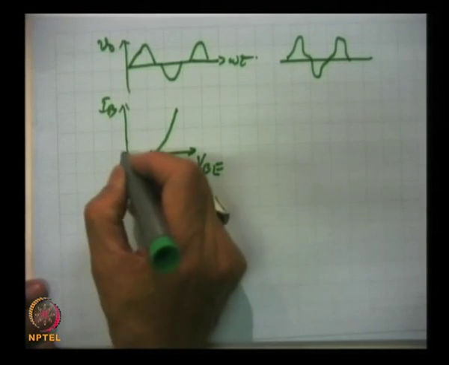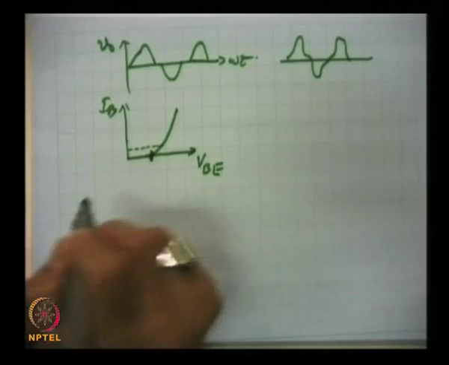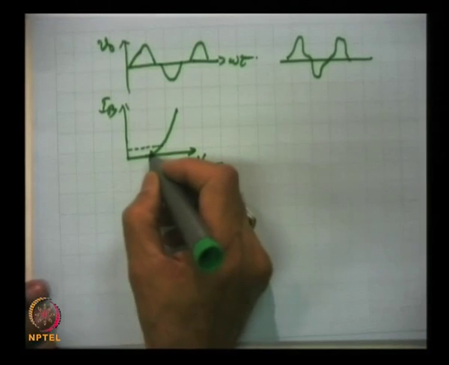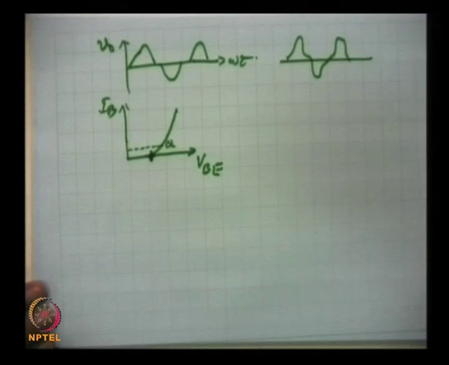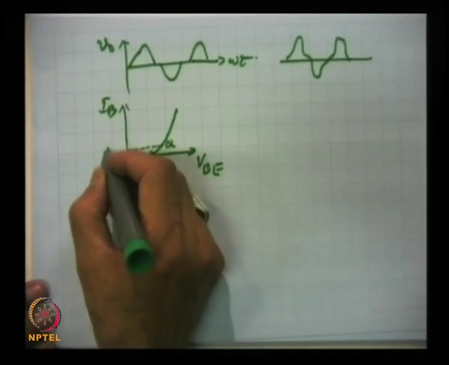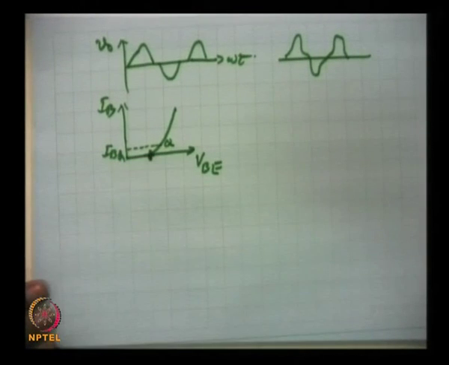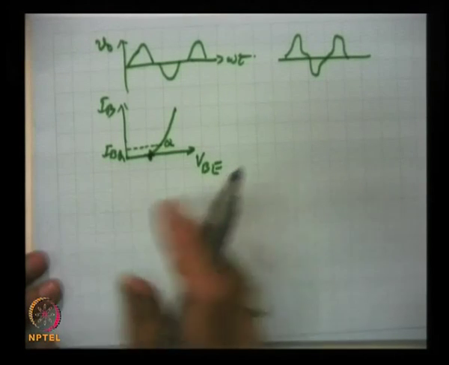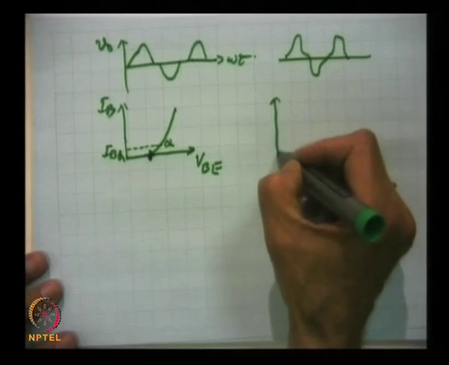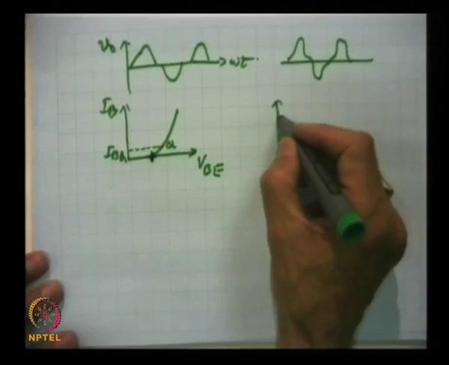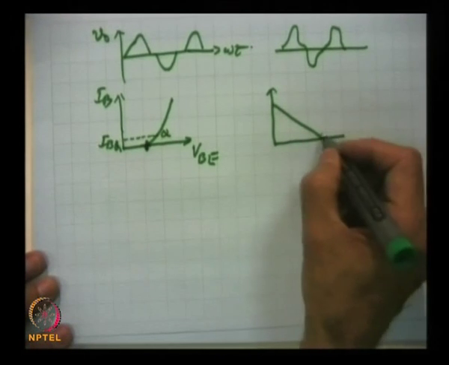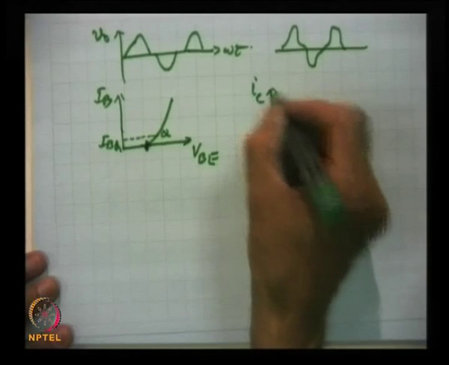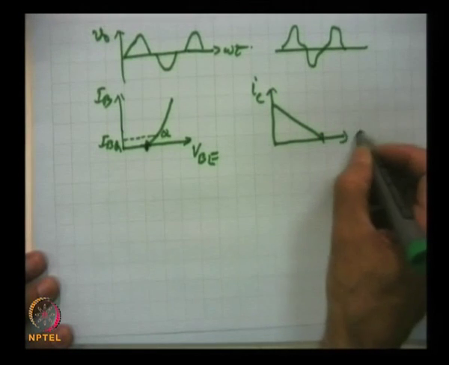Instead of here, we shift our operating point a little from here to here. So, this becomes the operating point and this becomes the base current at the operating point. Correspondingly, this is the load line, and this is IC and this is VCE.